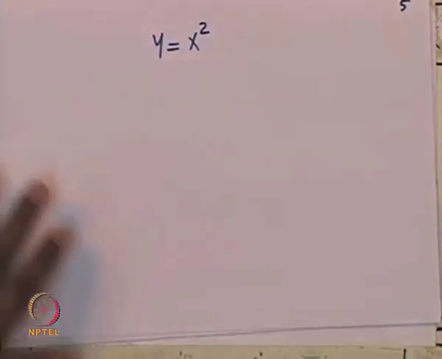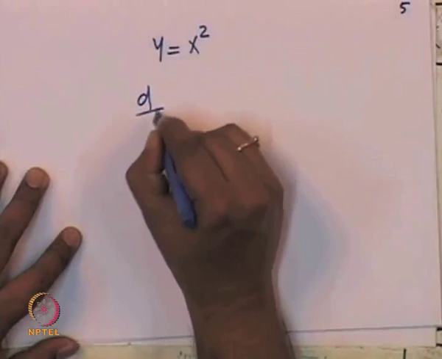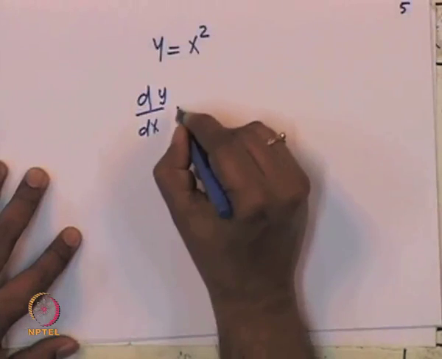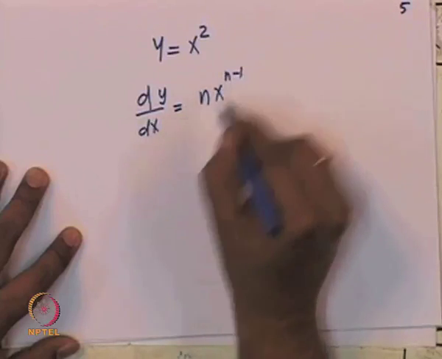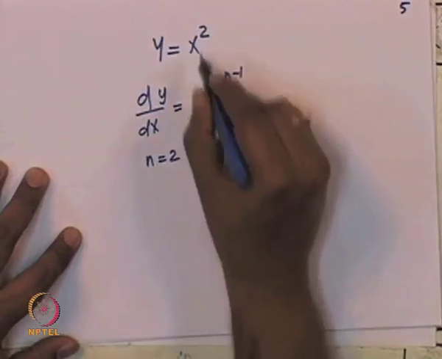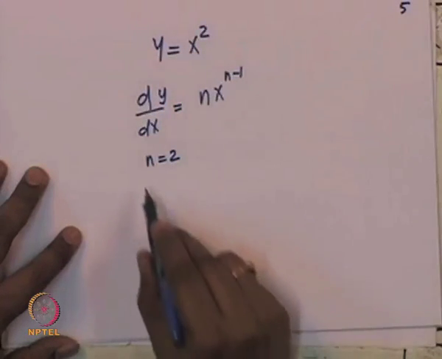Now, let us look at the next function, y equal to x square. The rule is that dy by dx is n x power n minus 1. Here n is 2, because it is x power n with n equal to 2.